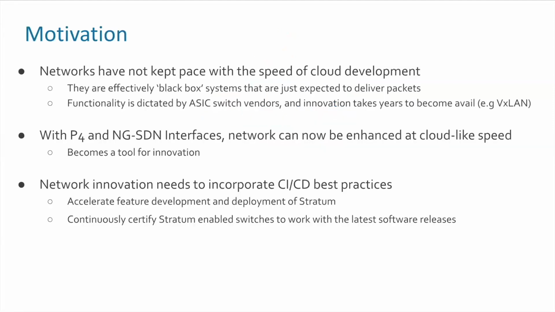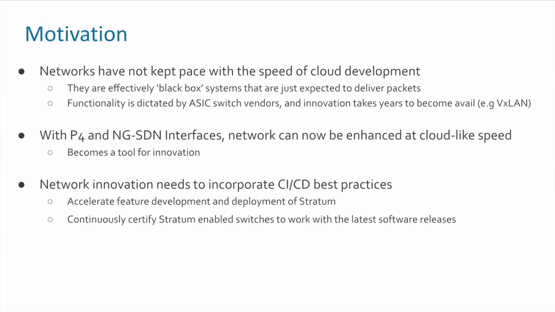Networks have not kept pace with the speed of cloud development. They're effectively black box systems that are just expected to deliver packets. And the functionality of the networks is dictated by ASIC switch vendors, and bringing in a new feature takes years. Now we have P4 and next-gen SDN interfaces, so networks can be enhanced at cloud-like speed.